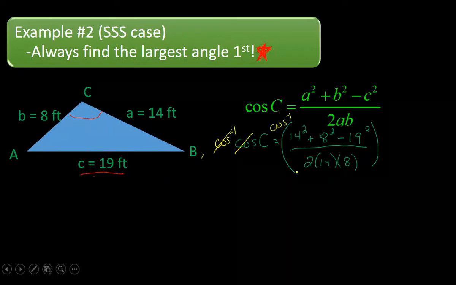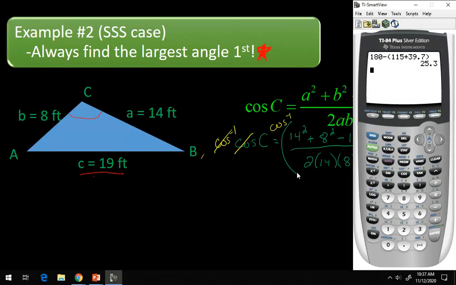So I'll pull up my calculator, and I will use now cosine inverse, so second cosine for the inverse. I will make my fraction, and then I'll have 14 squared plus 8 squared minus 19 squared on the top.